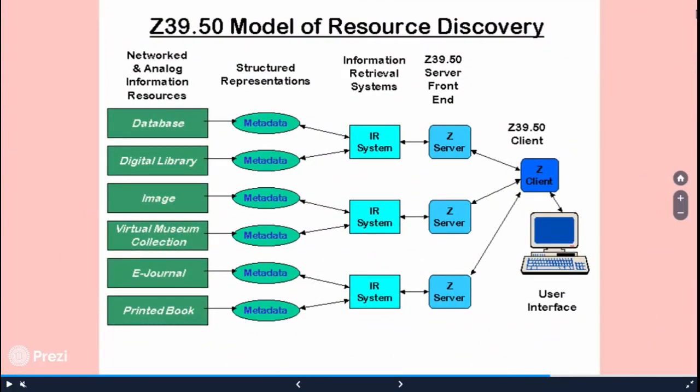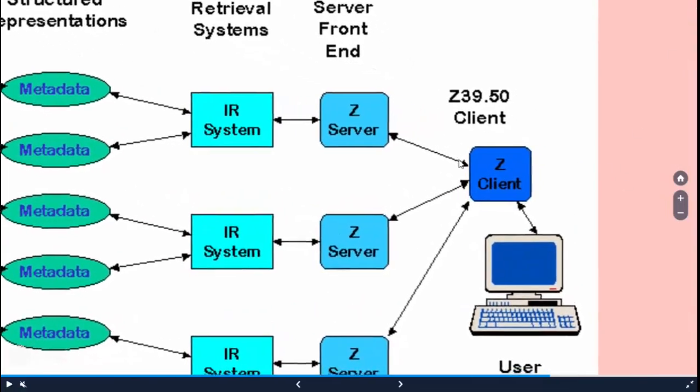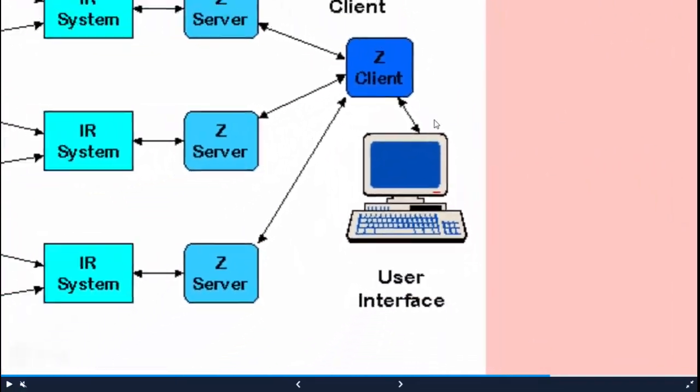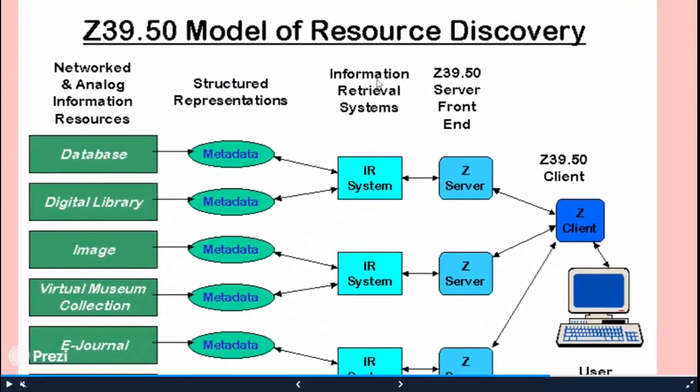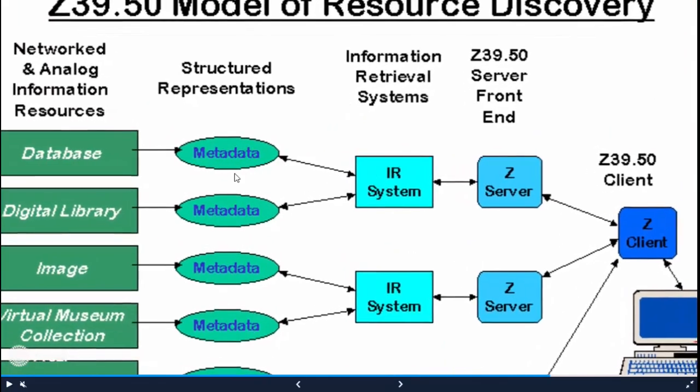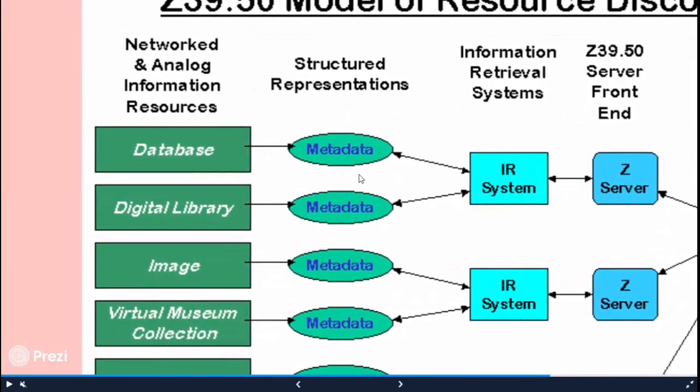An example of the framework for this: this is the user trying to search for something and sending the request to the server, and then you have information retrieval systems, structured representations, which are metadata. This is data within data that contains data. That's what metadata means.